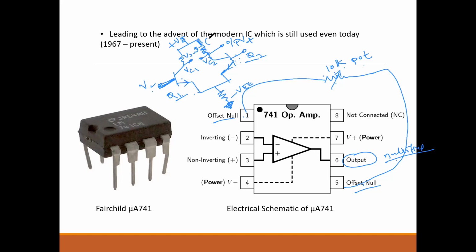So because of the small difference in the construction of Q1 and Q2, we are getting some voltage here even if inputs are the same. If we provide the same input voltage, the output should be 0, but we are not getting 0. That output voltage is called offset voltage.